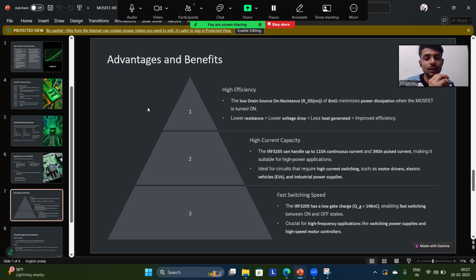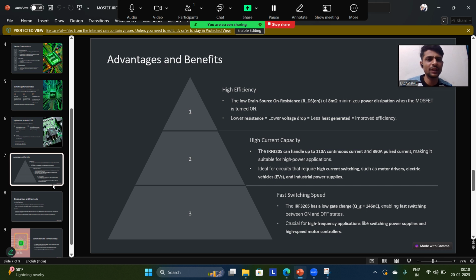Due to that we can handle low gate charge, just like 146, as written in the data sheet. It can also enable fast switching between the on and off state. There are many more applications, but we discuss only a little bit.